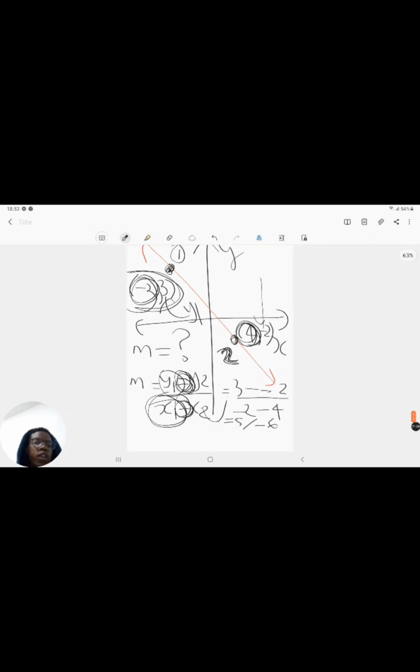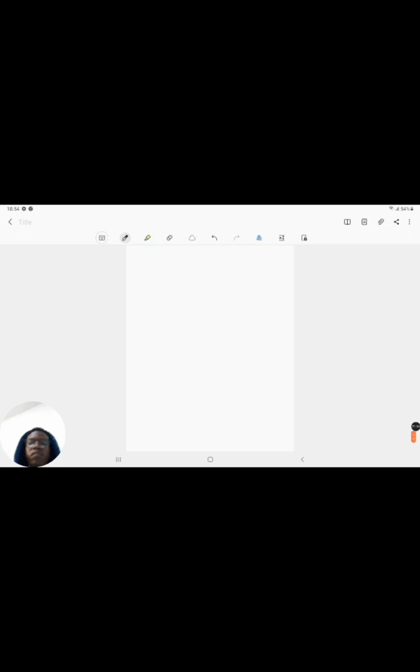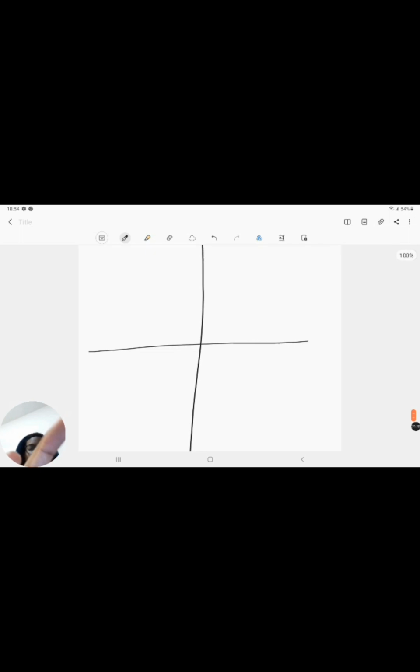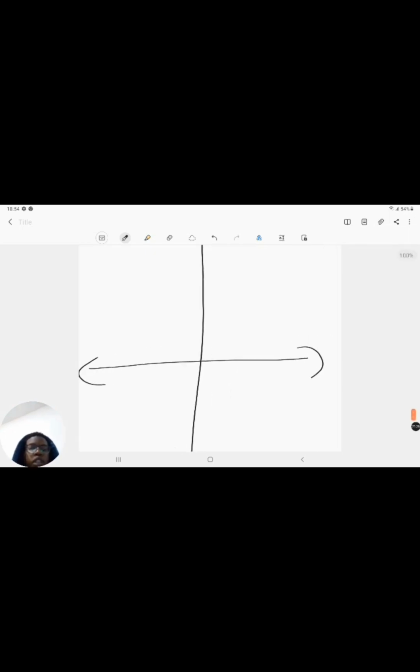Okay, let's do another quick example. Let's say you've got your Cartesian plane like that. Let me just zoom in quite a bit.